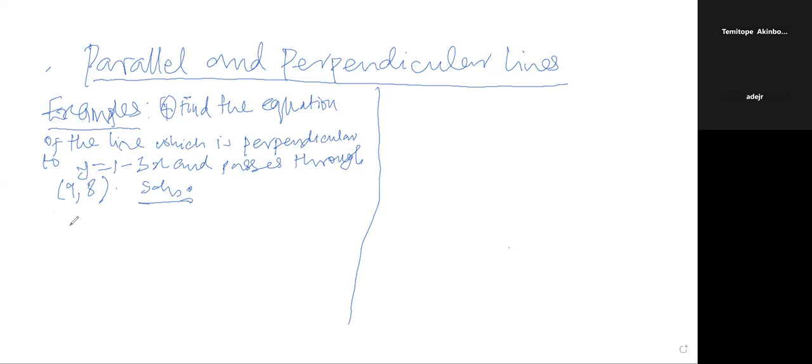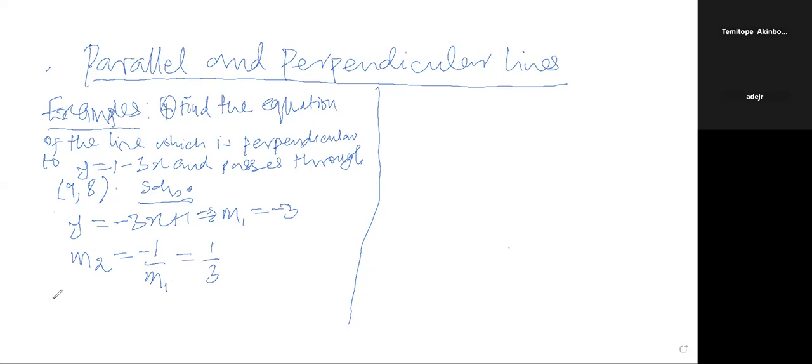So what you need to do is to determine the gradient of that line given. So this suggests that M1 is minus 3. And since you have been told that it's perpendicular to another line, that means M2 will be minus 1 over M1. And that is 1 over 3 when you substitute minus 3 for M1.